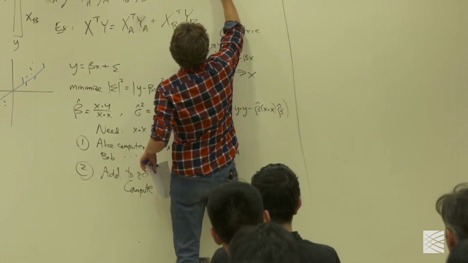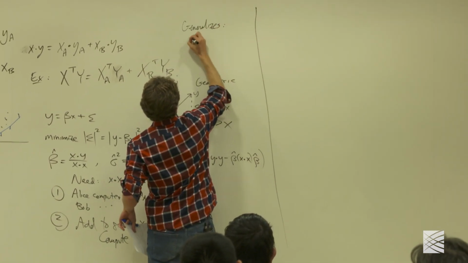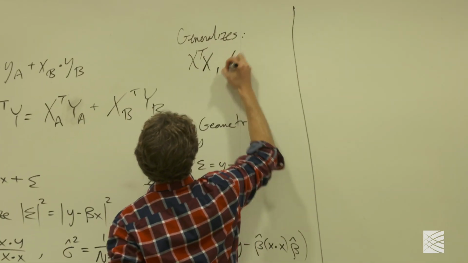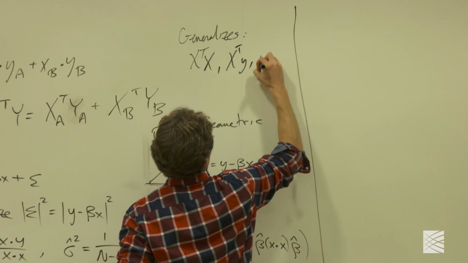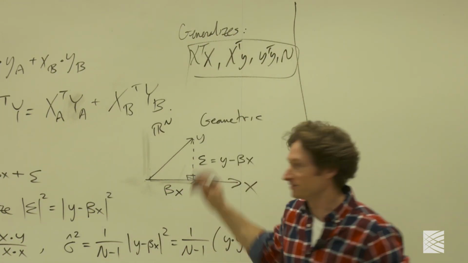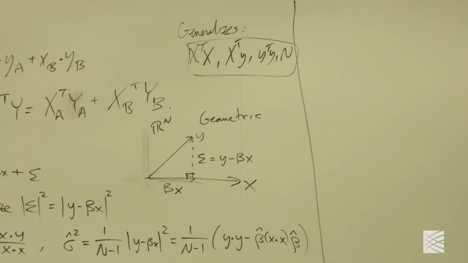I'll note that this generalizes to multilinear regression, where the relevant quantities, if you have a design matrix capital X, are x dot x, x dot y, y dot y, and n. It generalizes because of this formula. So you can do multivariate regression the same way.